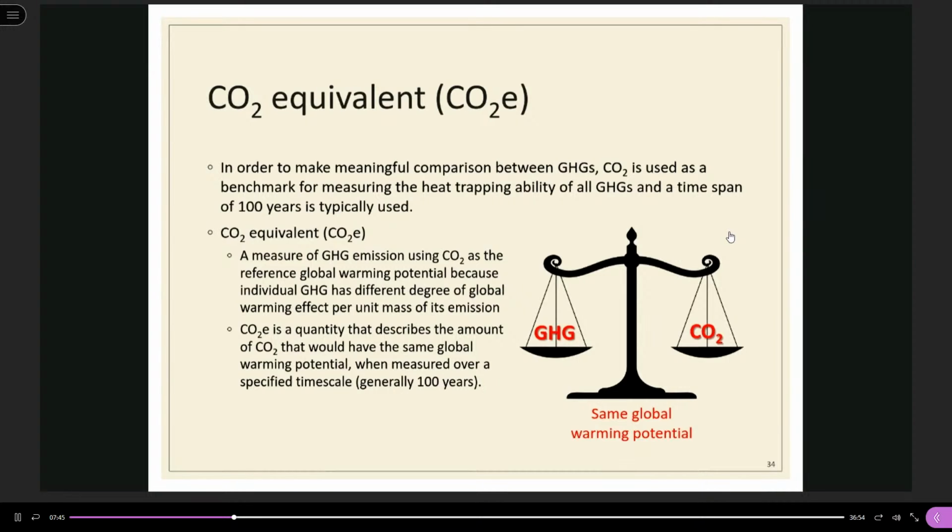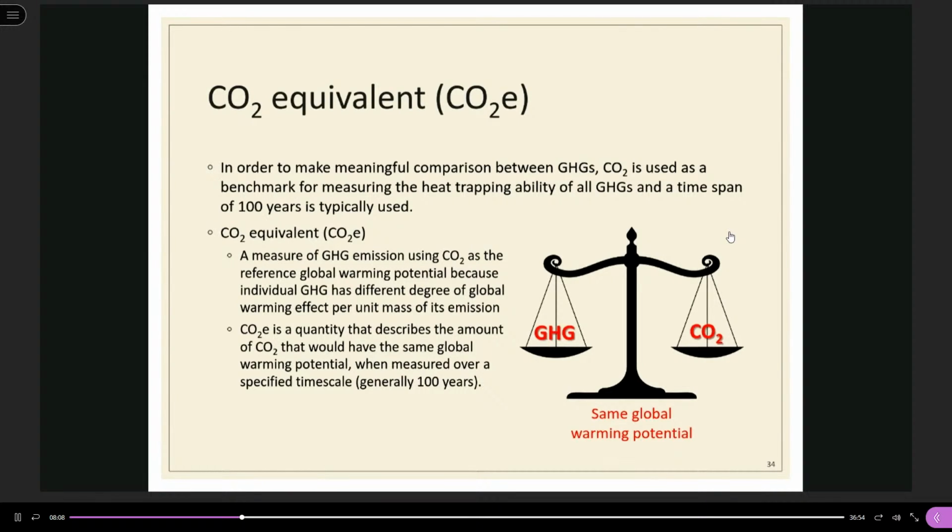So if the greenhouse gases stay in the atmosphere for 100 years, what is their heat trapping ability equivalent to? Equivalent to how much carbon dioxide? So this is the carbon dioxide equivalent.